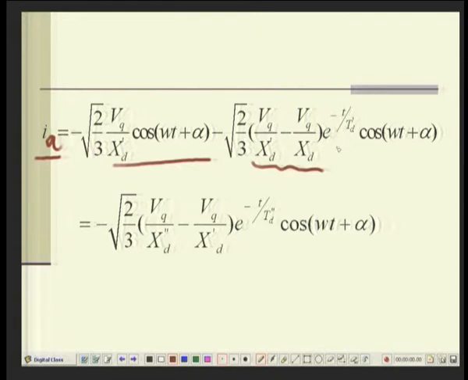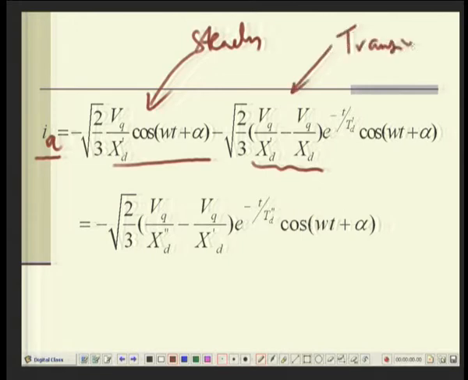e to the power of the transient, and this will be the subtransient, okay. This will be steady, transient and subtransient.